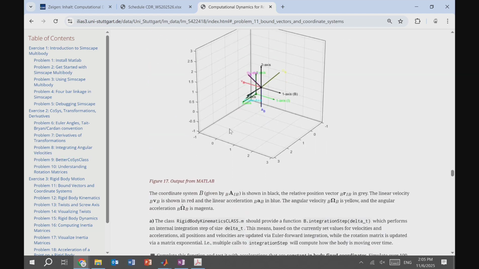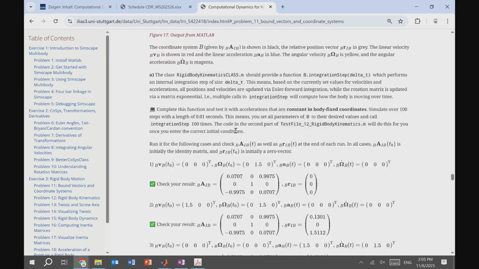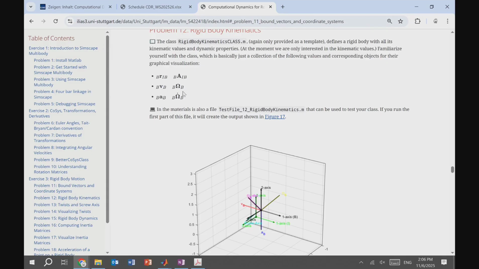What you will also have to implement is basically a version of 8C in our last exercise, where we said we integrate rotational motions. Here we call this integration step delta t, which is going to be a method within this rigid body dynamics class. From the outside, someone sets these properties: accelerations, angular accelerations.